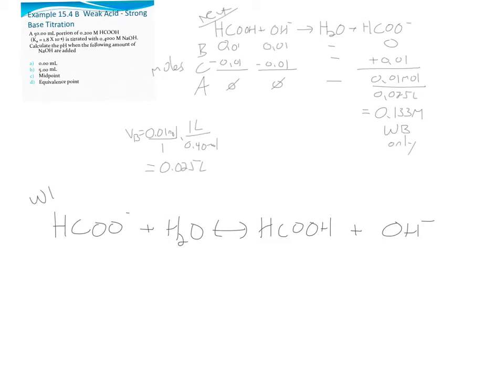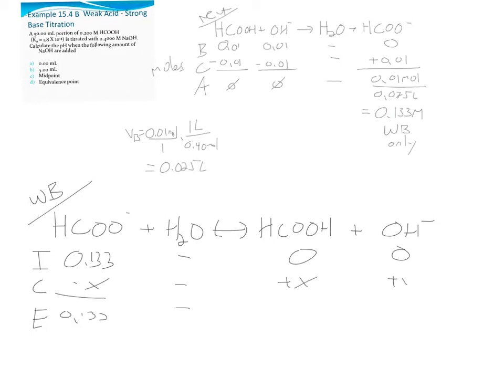This is how we think about our weak base problem. This is an equilibrium, and we've got a 0.133 molar solution. None of those to start with because they were both gone before. Minus x, 0.133 minus x, plus x, plus x.